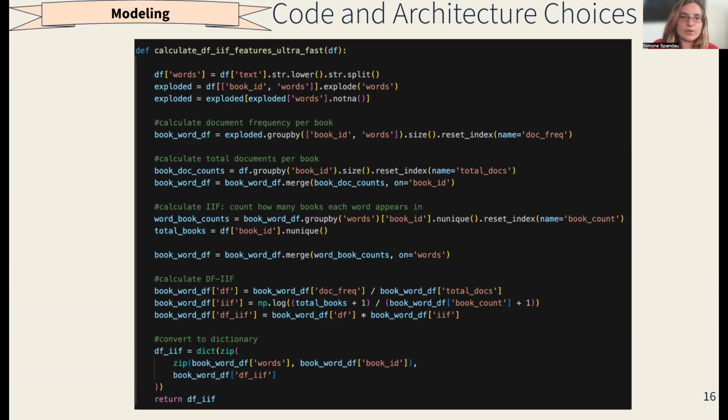And then we multiplied the document frequency by the inverse item frequency. We stored these values in a dictionary and then pulled those out depending on the contents of each sentence later on.